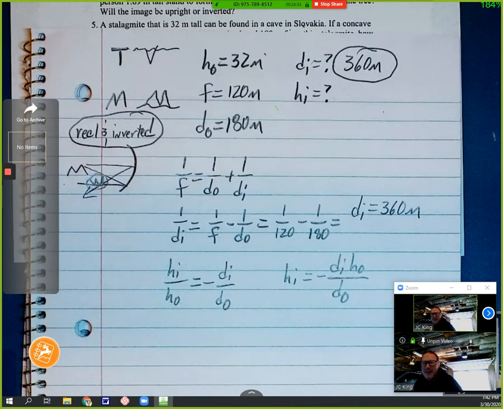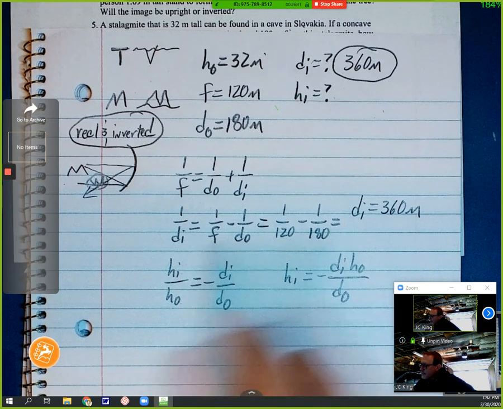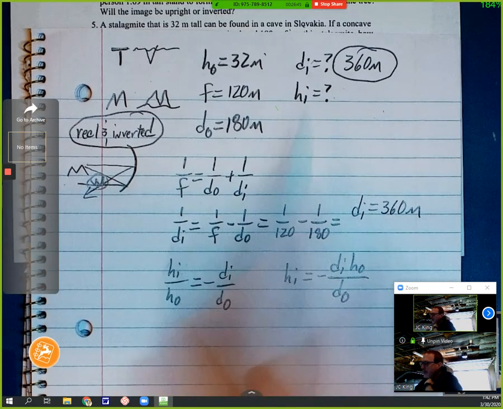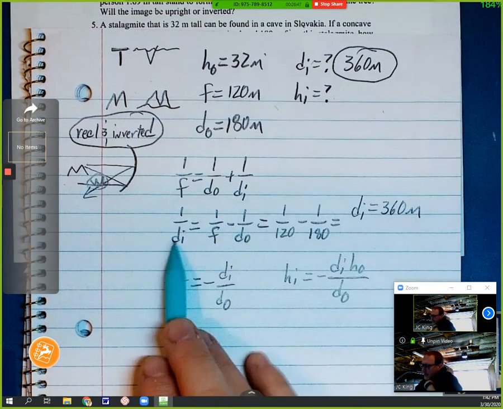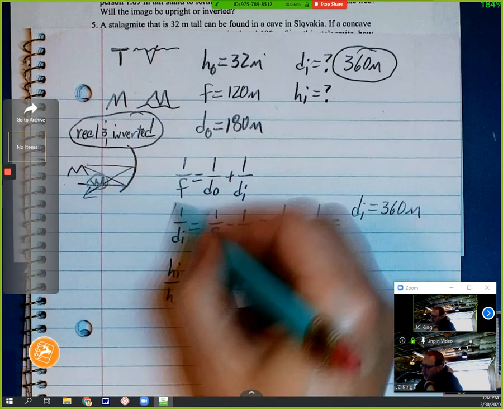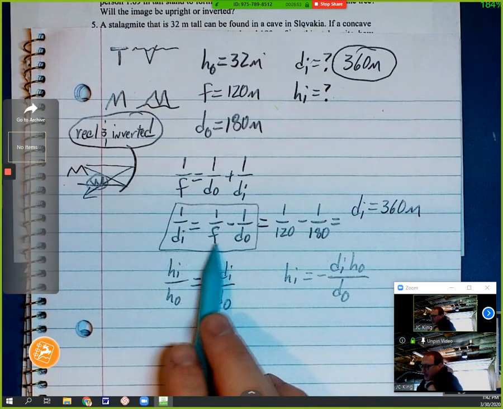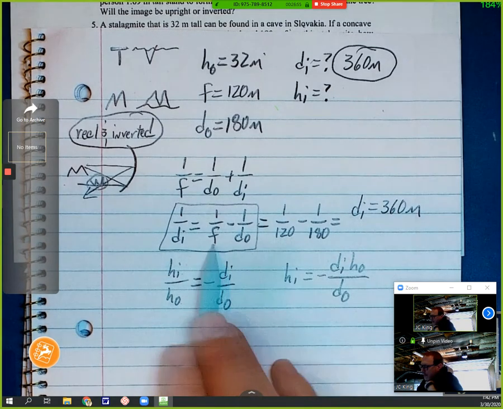I don't understand why you multiplied and divided to get 360. Okay, so check it out. I'll back up and we'll talk about that. So we're trying to find the distance of our image, right? So we use this equation right here, and I just plugged in 120 for f, 180 for do.